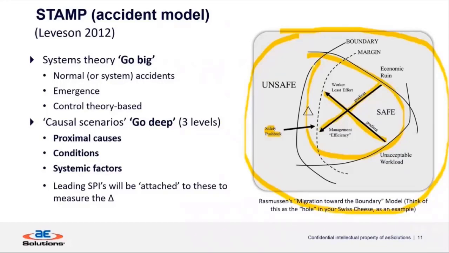Now, there's two things here. Systems theory, go big. You're going to expand the boundary that you're going to run your study on, through the control diagram. You're going to bring in things more than a P&ID. And then the ability to go deep, the causal scenario. So you're going to be able to step from proximal causes. That's the operator. The proximal cause is the frontline operator turning the valve, pushing the button.